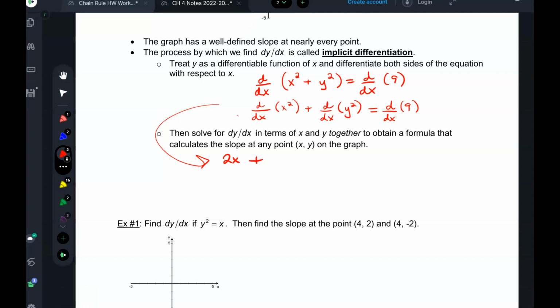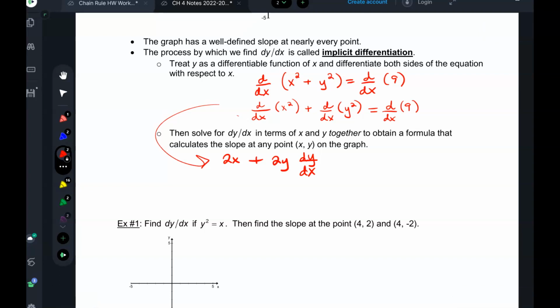We treat y as a differentiable function in terms of x. That means we do the derivative like normal. So the derivative of y squared is 2y. We treat y like the inside part for chain rule. So what's the derivative of y? dy dx.